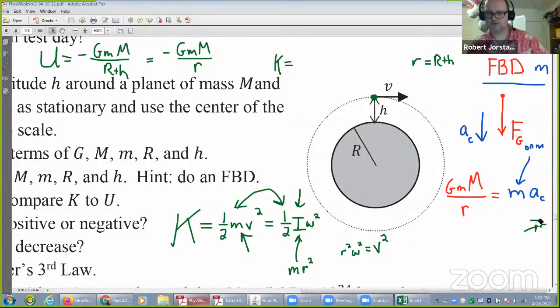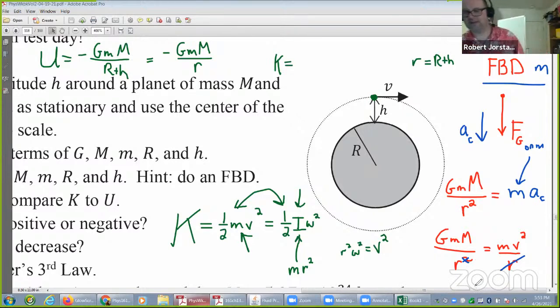Give me a second here. I lost a squared. Let's just keep this rolling here. G M m over R squared should equal m V squared over R. Do you agree one of those radii cancels out? What could I do to this equation to very quickly compute the kinetic energy?